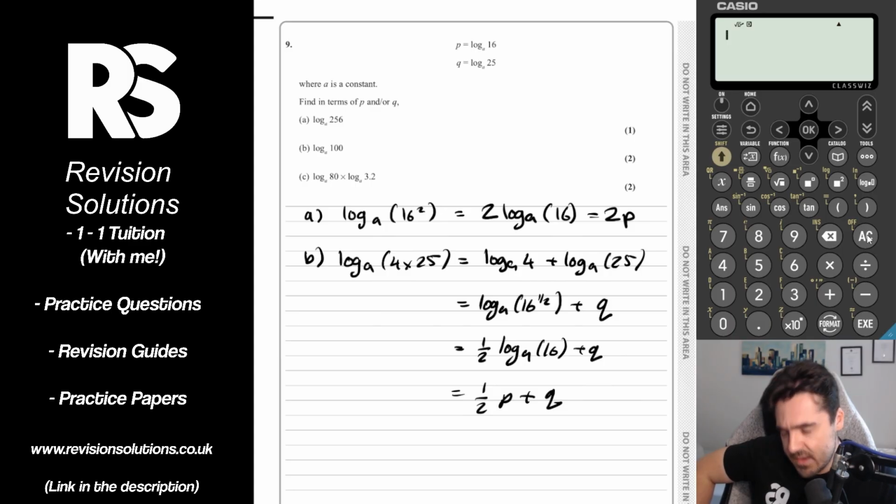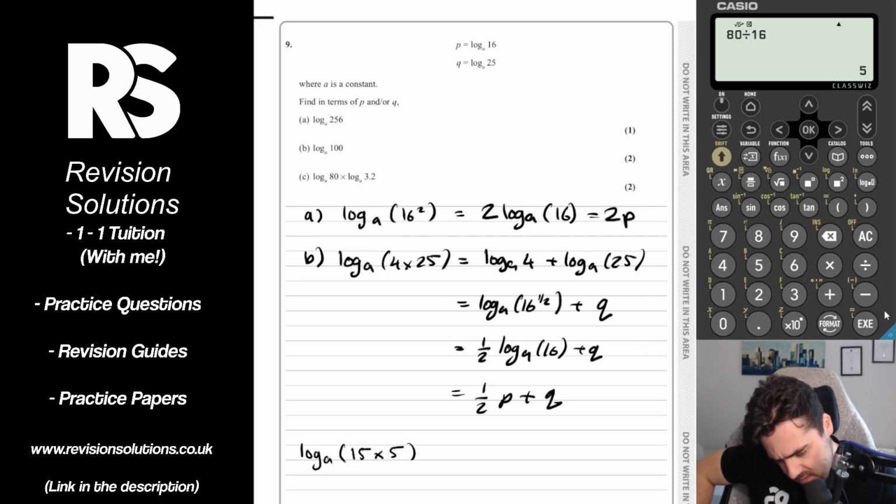Okay, so then the last bit's a little bit strange, a little bit more difficult, but first off we're going to say, well, 80 is divisible by 16, I'm pretty sure. If we do 80 divided by 16, that's 5. So we can write that as log base A of 16 times 5.